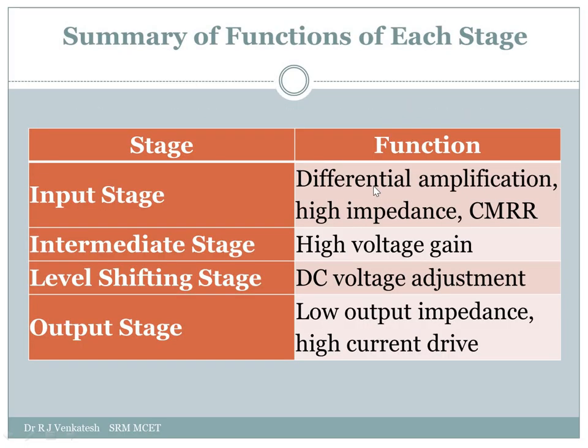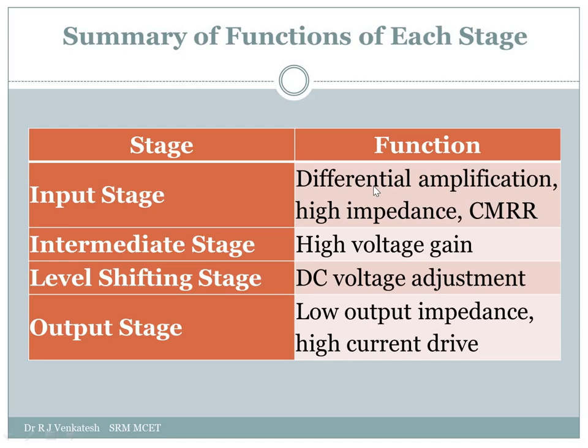What is the summary of the functions of each stage? The first stage, as already told, is differential amplification with high input impedance and high CMRR. CMRR is the common mode rejection ratio, and its unit is dB, decibel. It is high, so the first stage provides a high CMRR.